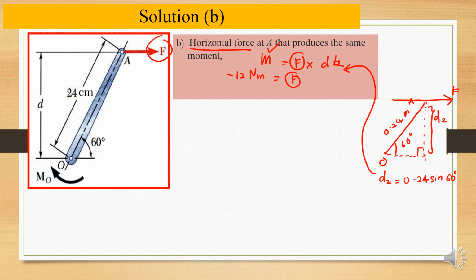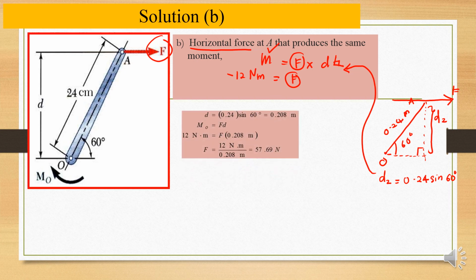Once we get the F value, let's take a look at what the F value will be. So this is our F value, 57.69. Not to forget, we want our force to produce the negative moment, because remember that from A it should be negative.